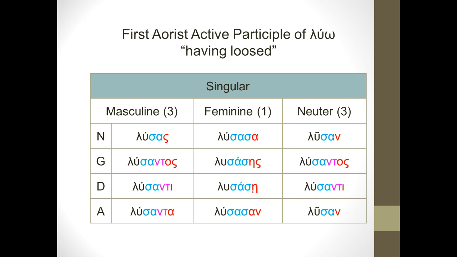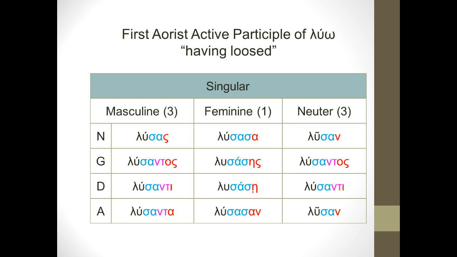In fact, you'll notice that the endings are the very same endings that you had for the most part with the present tense participle. In the present tense, you had in the genitive luontos. Here in the genitive aorist, you have lusantos, meaning that you have your nu tau omicron sigma in your masculine genitive, just as you did in your present active genitive. The difference, of course, in the aorist is that sigma alpha, which is your clue that you are dealing with the aorist.